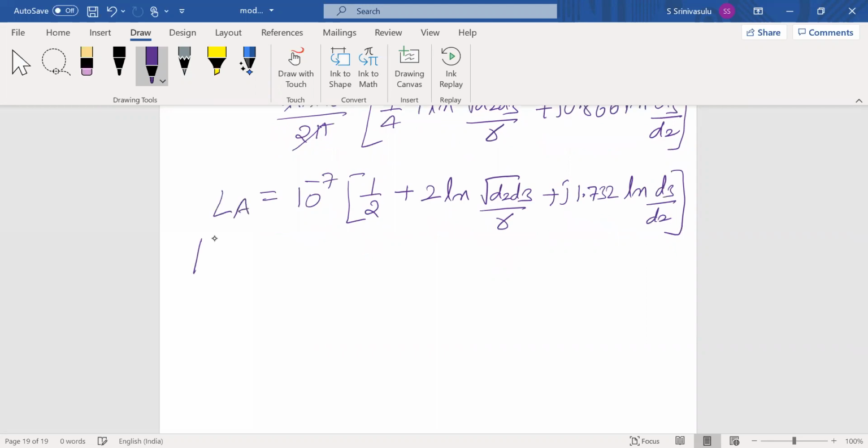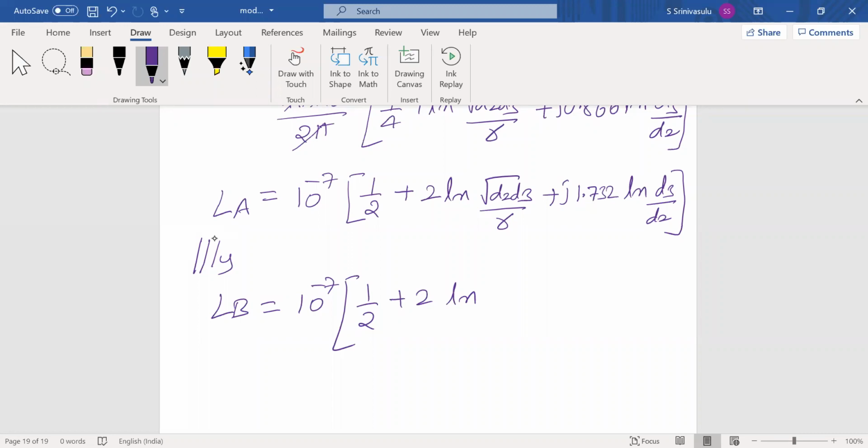Similarly, I can get the direct answer. If you do this one, LB will be 10 power minus 7 into the same 1 by 2 plus 2 into ln of, now it is the A conductor. What is the distance between the B conductor and C conductor? D2, D3. Now it is the B conductor.